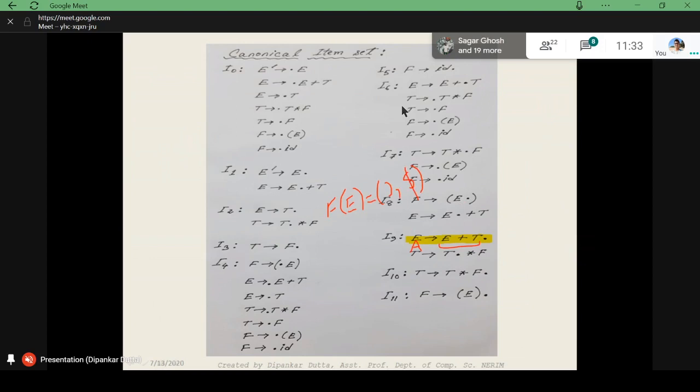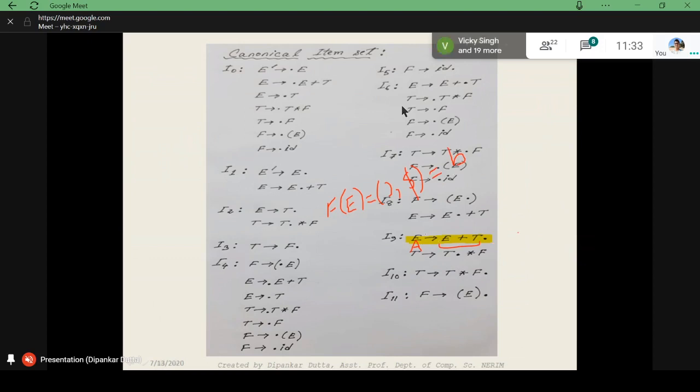These are the symbols for follow E. I have already worked it out, so check the previous slide. These are the symbols for B, for our rule. So what to write then?